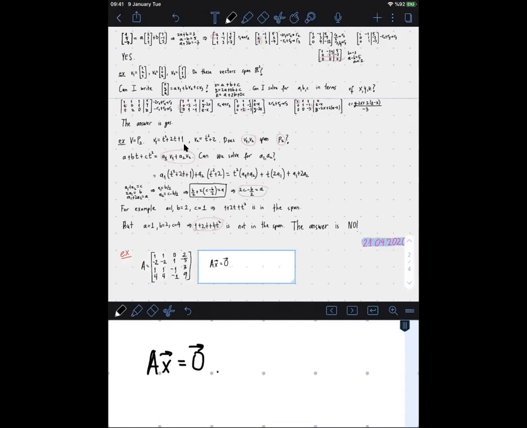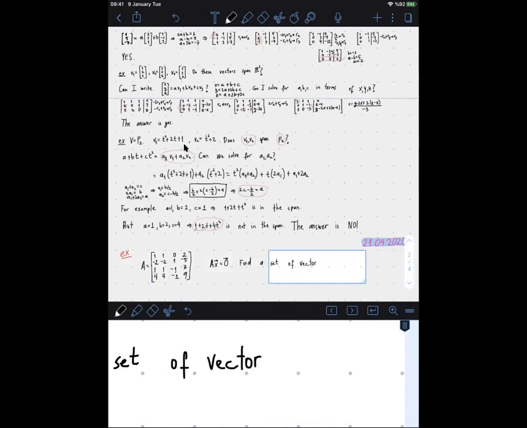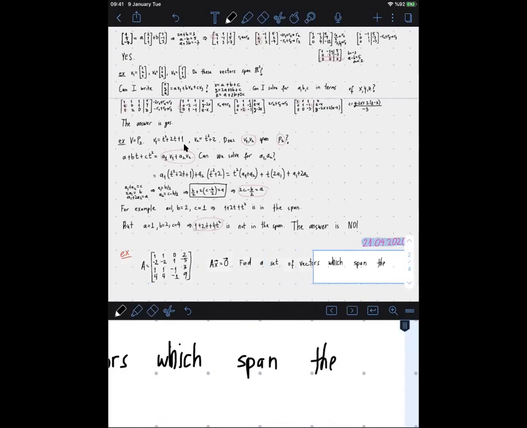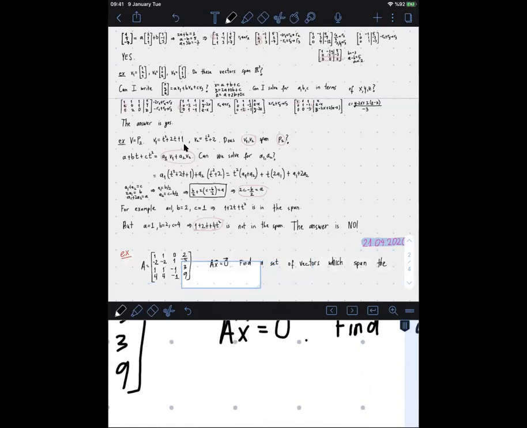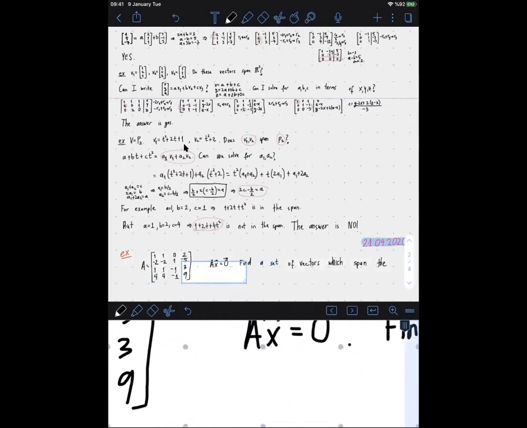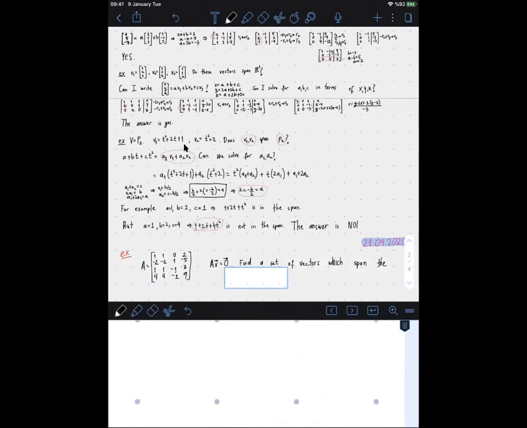The problem is: find a set of vectors which span the solution space.